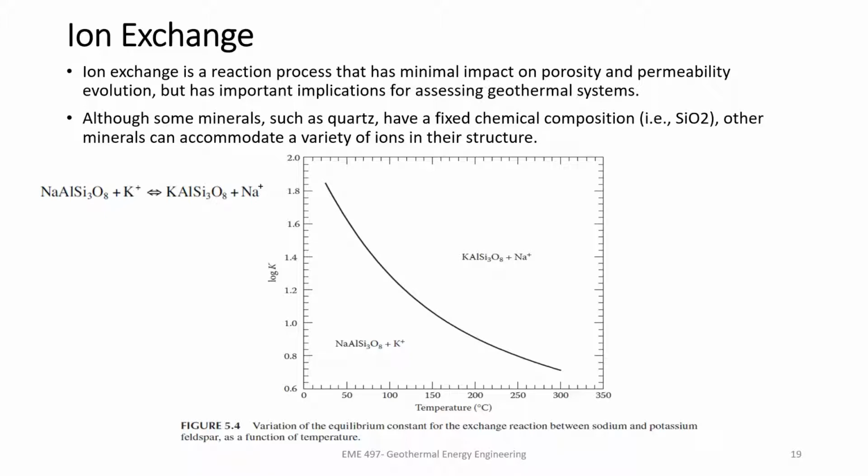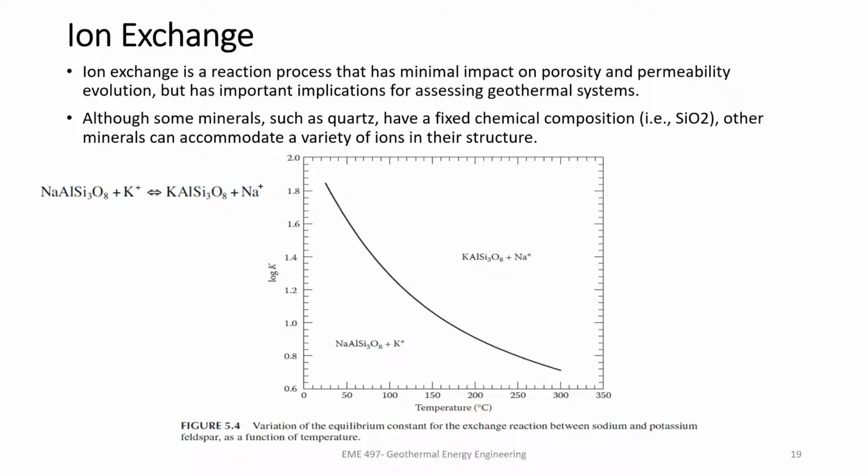There are two main end member chemical formulae for alkali feldspar, which are sodium and potassium feldspar. These two pure end member compositions are occasionally found in nature, but more commonly the mineral is found to be a mixture of the two end member molecules.